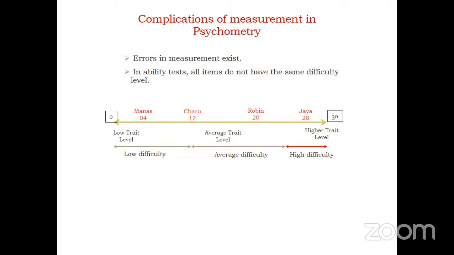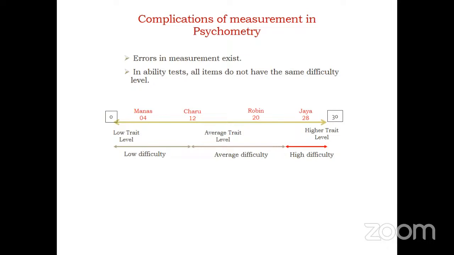Anyone? Manas and Charu, 8. Charu and Robin, again 8. And Robin and Jaya, again 8. So these are the observed differences.